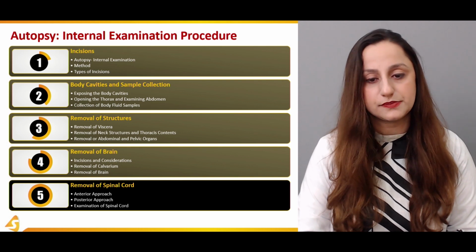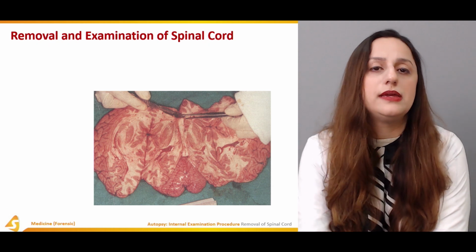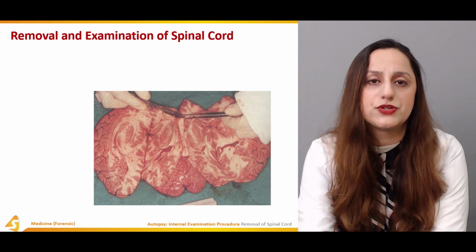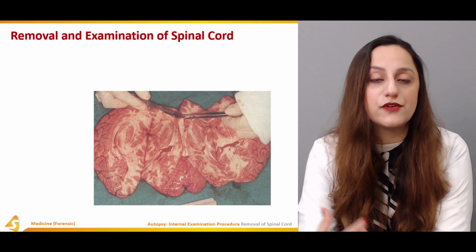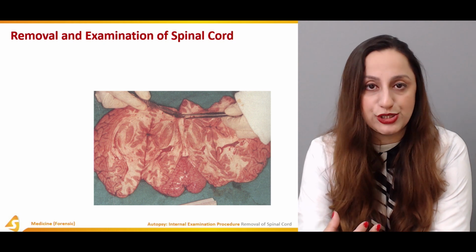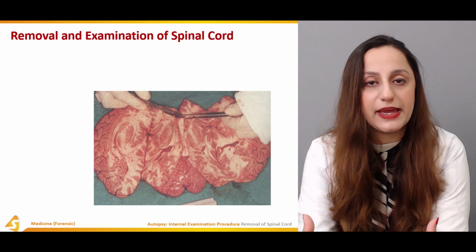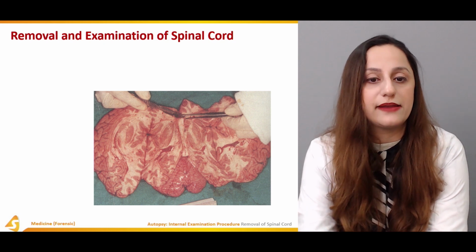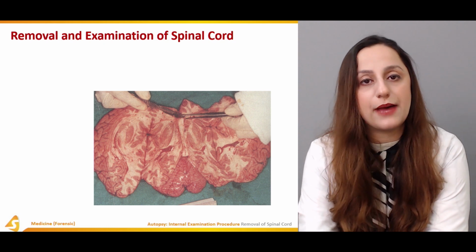Whiplash injuries can be observed in transportational injuries. Drivers and front seat passengers usually acquire these whiplash injuries, and in these cases we have to inspect and examine the spinal cord in detail. Now, how do we remove and examine the spinal cord?